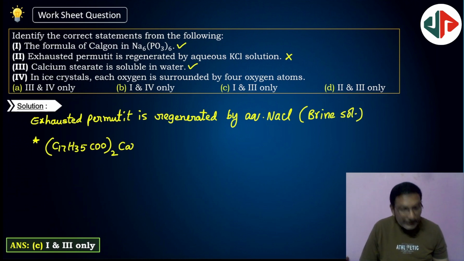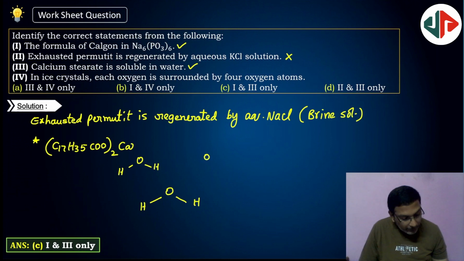So the water molecule structure, you can write like this. Here H2O. So clearly we can observe the structure. Here hydrogen bondings will be there.